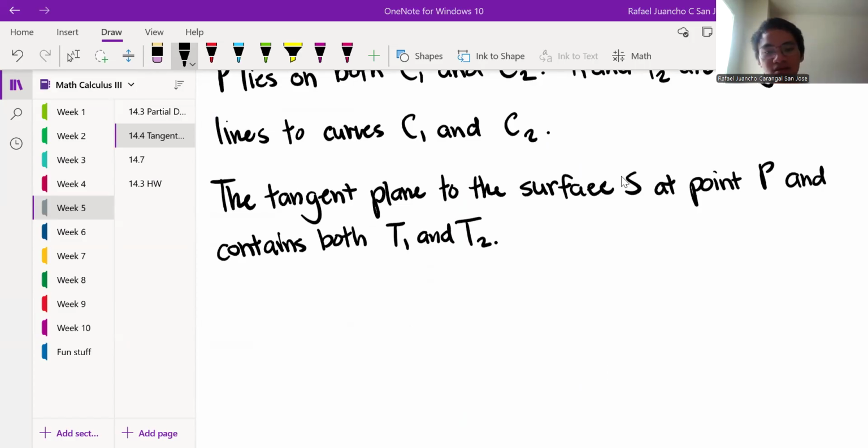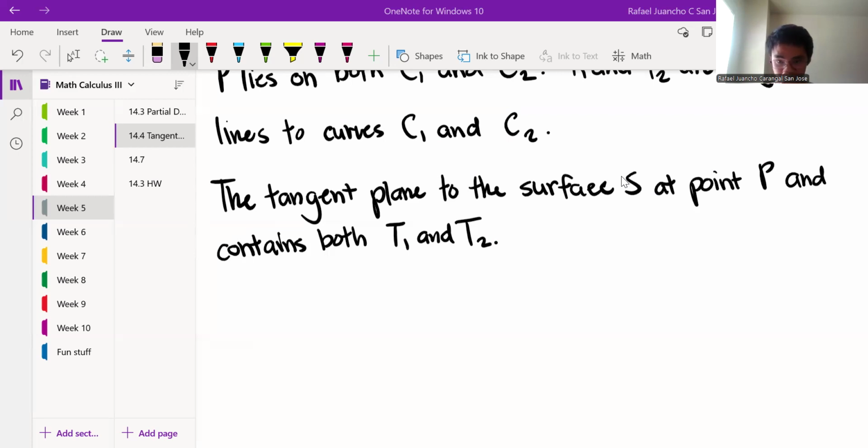So that's the idea. The tangent plane at that point P is the plane that most closely approximates the surface S near the point P. And so we can use that to approximate surface S and do some more analysis with that surface.